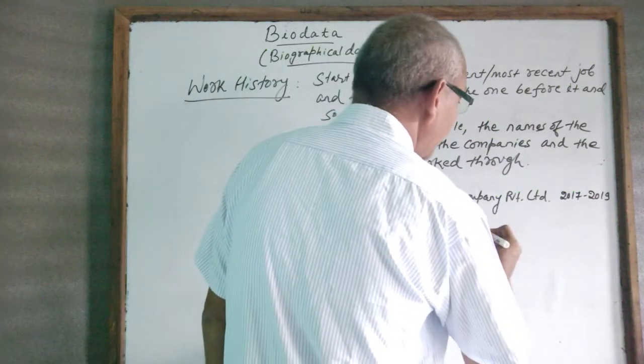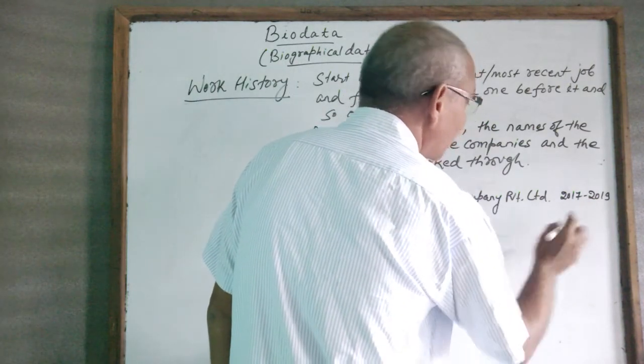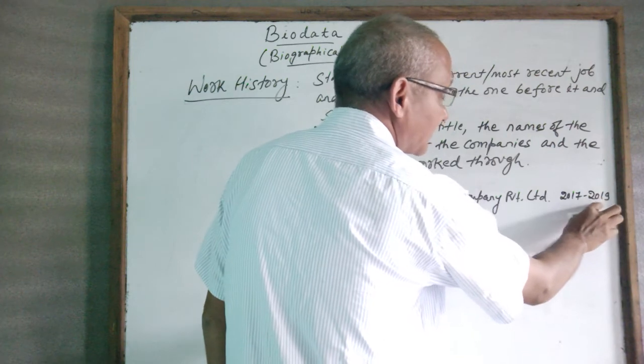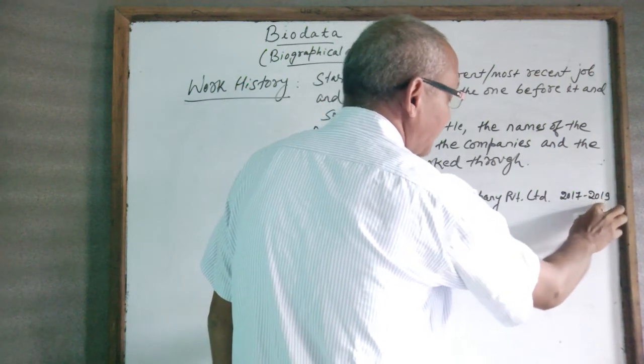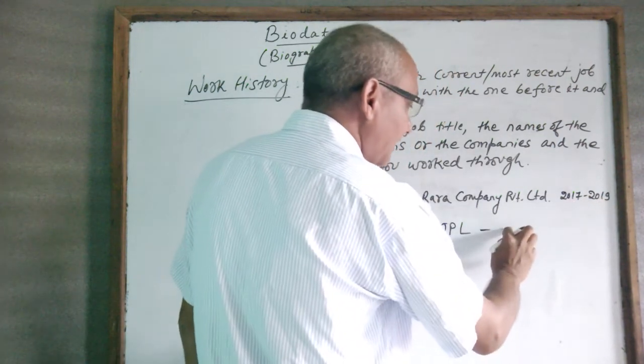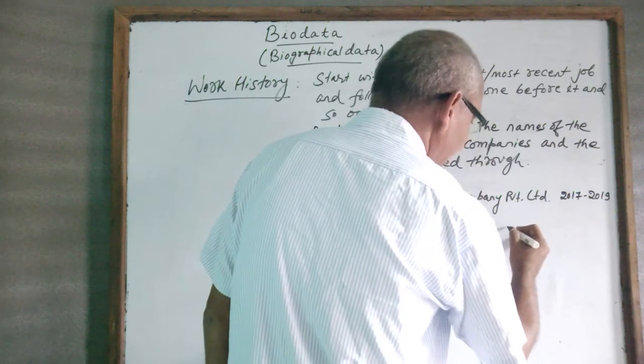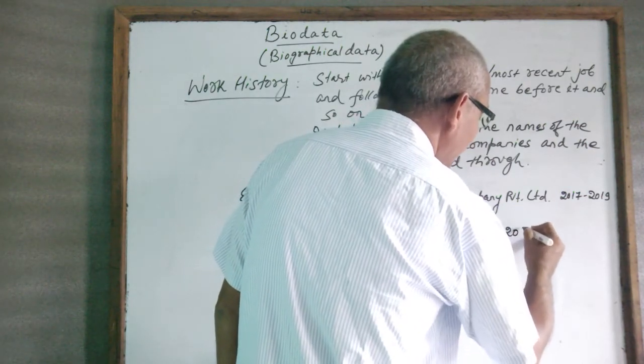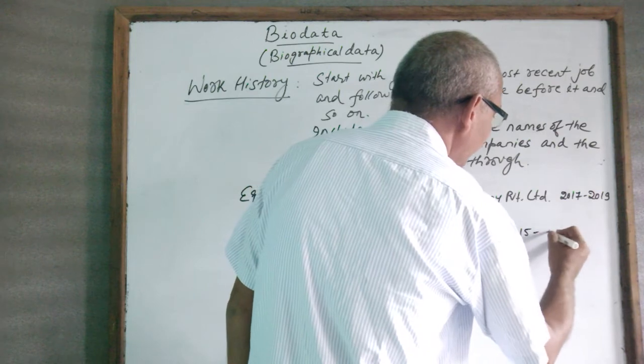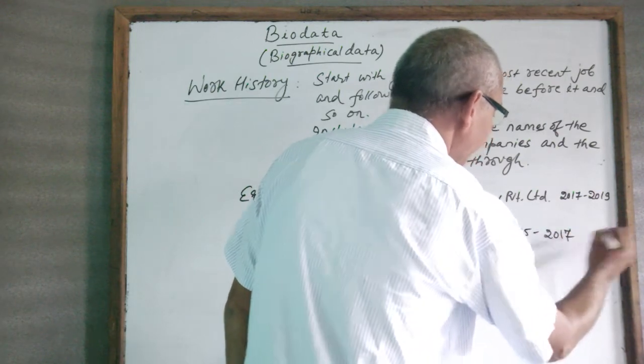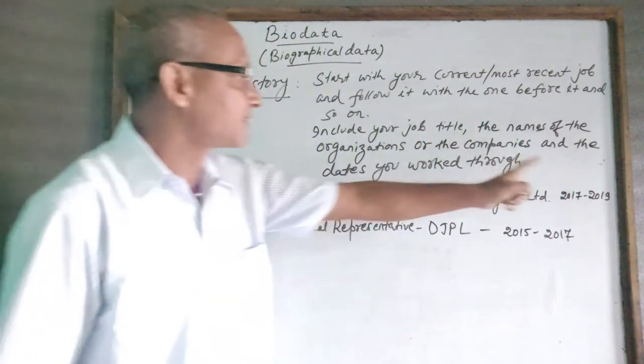So when was I working there? Let's see. If I was working there from 17 to 19, probably before this I should have been working. So let's write down 2015 to 2017. And from 17 I started working here.